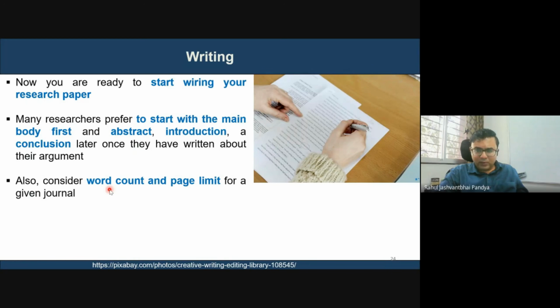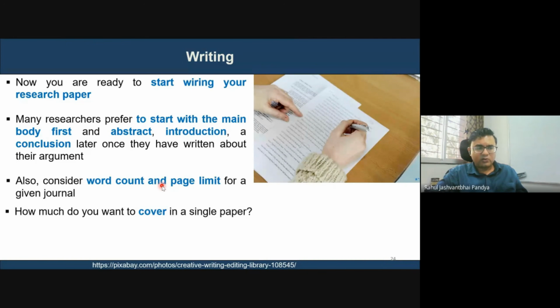And when we do all this, we have to look at the page limit and word count first, because most of the journals these days come with some sort of page limit, and above that there is a heavy page charge or open access fees, right? So just to be on the safer side, or to reduce the number of pages or word count, we have to be conscious about what we write.